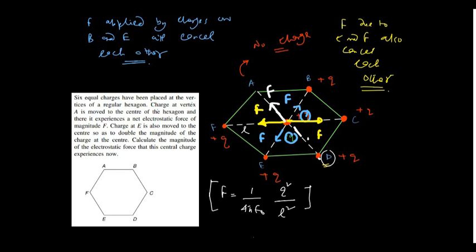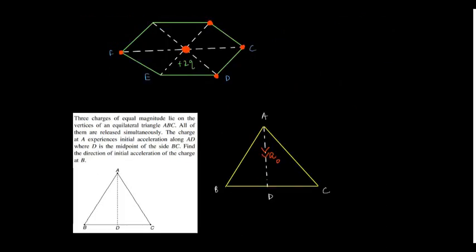So the first part of the question is over. Let us read the second part. Now they are saying that the charge at E is also moved to the center so as to double the magnitude of the charge at the center. Fine, we will check in the next diagram. So now the charge at E is also not present. This is A and this is B, and the charge at E is also moved.